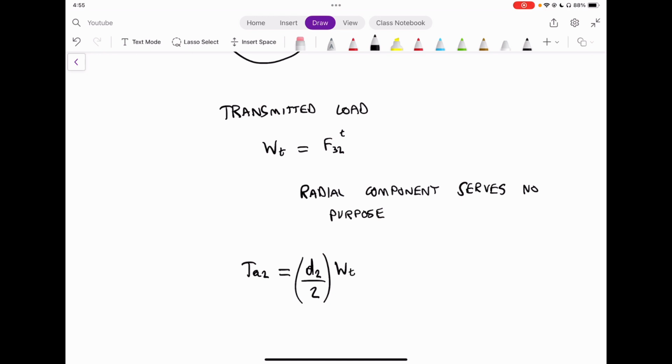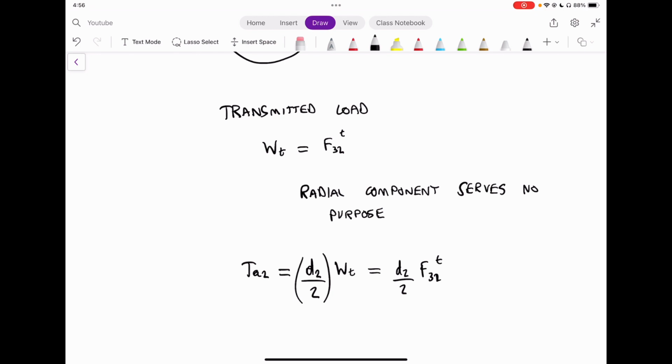That's just the torque, which is usually a force times a distance. So the torque from A, which is in the middle, to the outside of the gear would be equal to D2 over 2 times WT, which is equal to D2 over 2 times F32T.